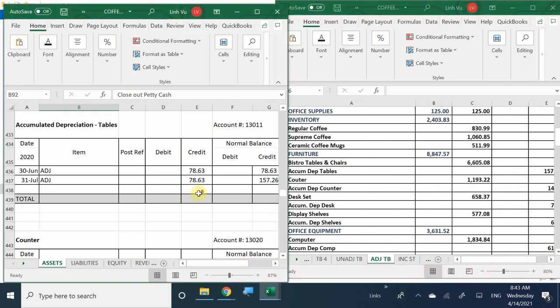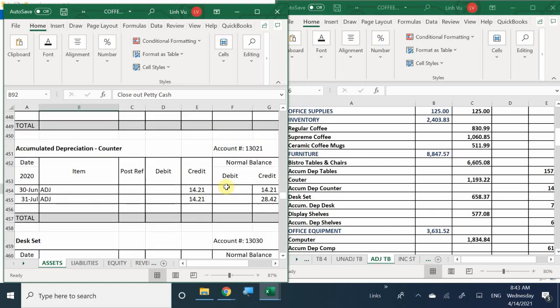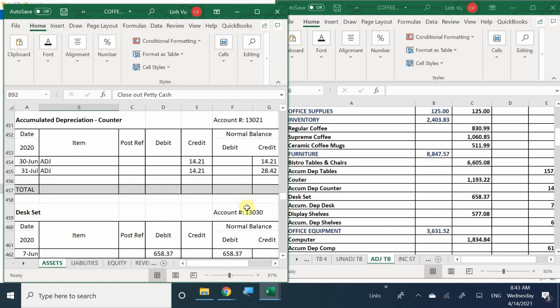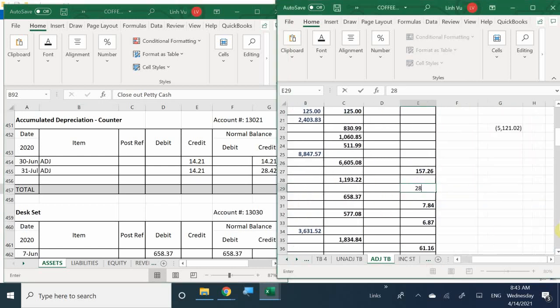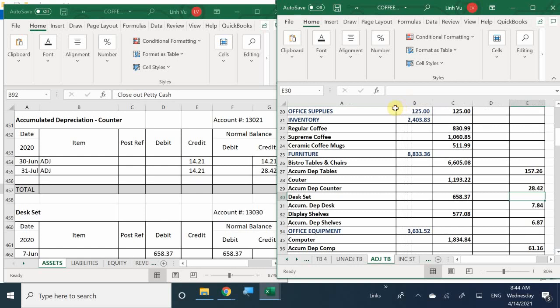All right, so now we're going to go down below. We see our counter. That should stay the same, but my accumulated depreciation for my counter is now 28.42. Okay. Let me try to squeeze this in here. Okay. All right.